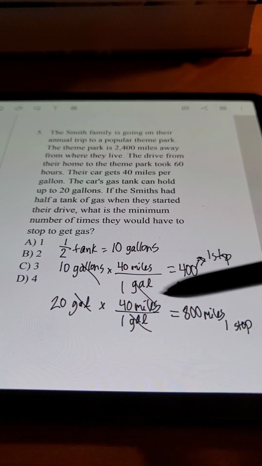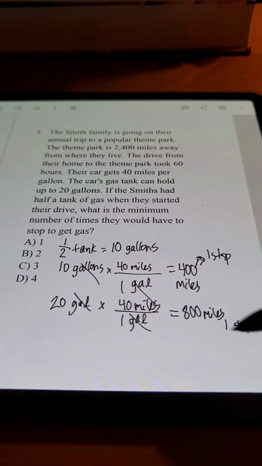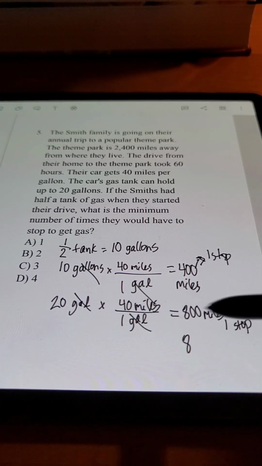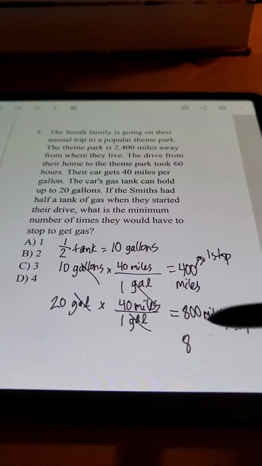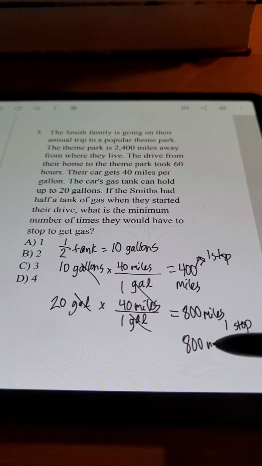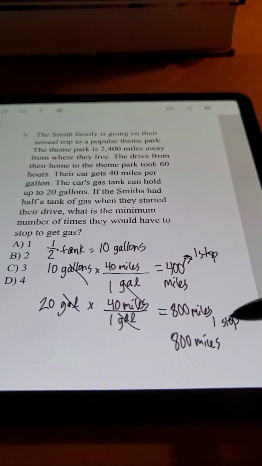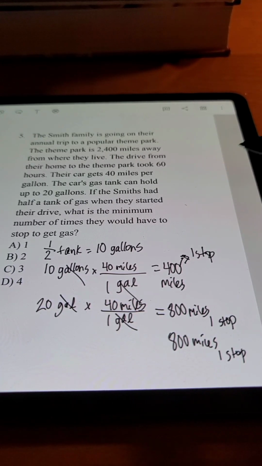And that means that after that stop, they can drive 800 more miles before they have to do another stop. And once they fill up at that stop, they're able to go another 800 miles, because every time they fill up the tank fully after each stop, it's going to be 800 more miles that they can drive. So now they have 800 more miles and then they have to stop again.